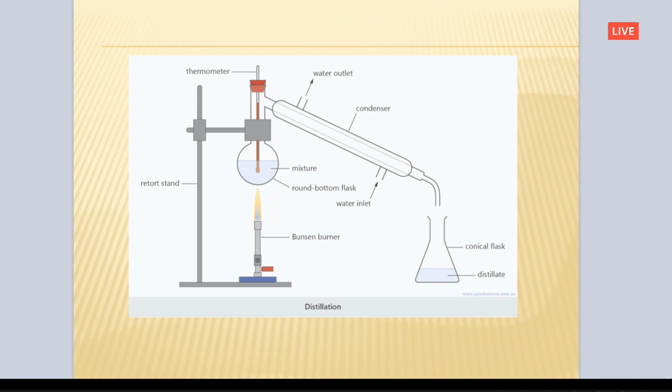And in our case, the water turns to water vapor, rises, finds its way into the condenser where it turns from water vapor back to water and is then collected in a conical flask. And what's collected is called the distillate. Again, we use this technique to make alcohol, we use it to make perfumes, and we use it to purify things like salt water to make it potable. Next slide, please.